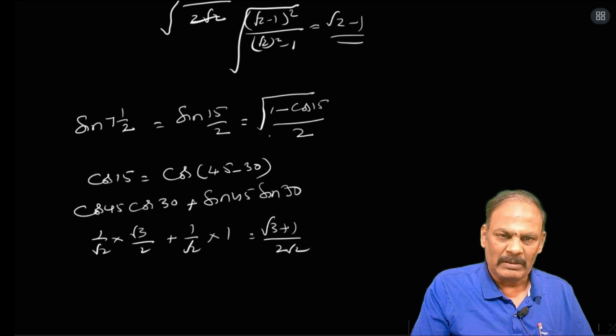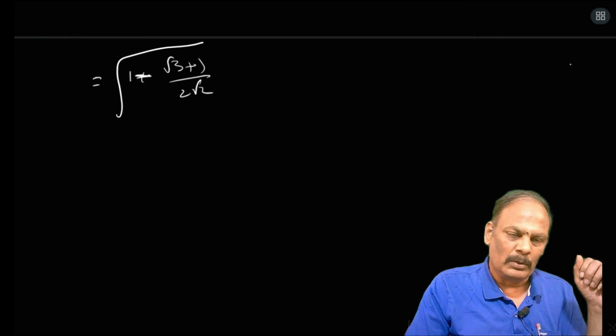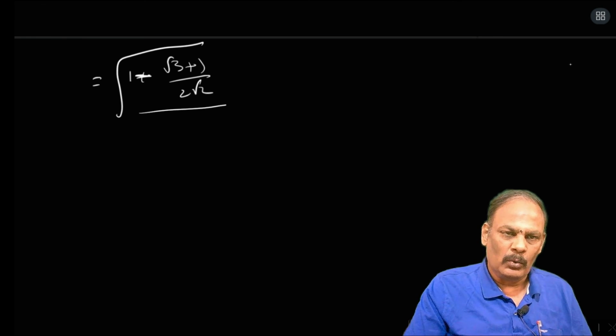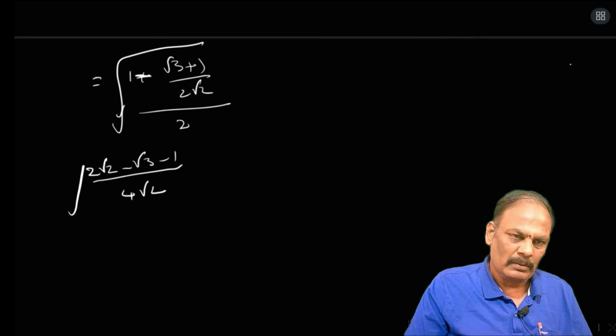We are substituting in this place: root of 1 minus root 3 plus 1 by 2 root 2, whole by 2. Now find the LCM, 2 root 2 minus root 3 minus 1 by 2 root 2, this will come down, that is 4 root 2 under root.